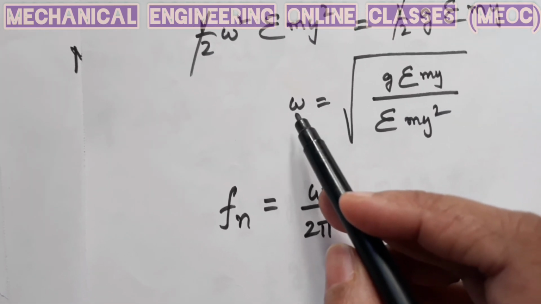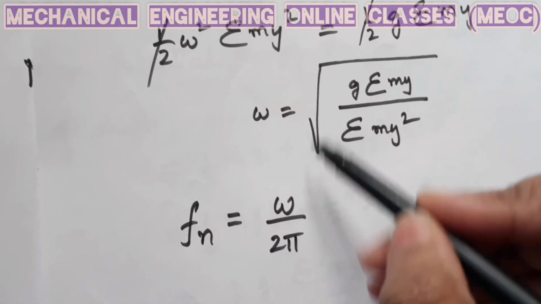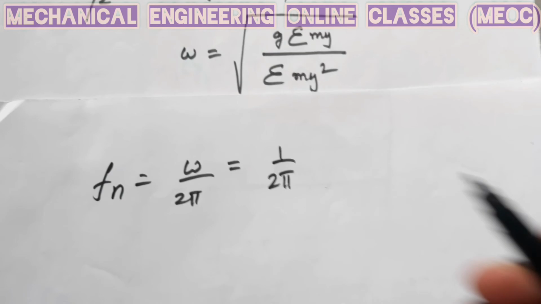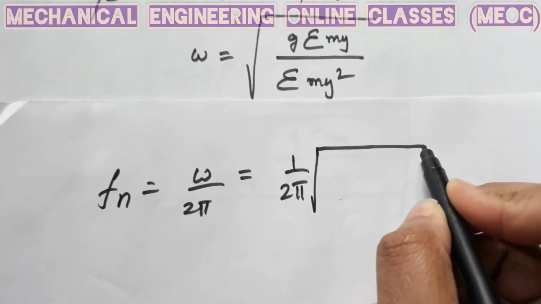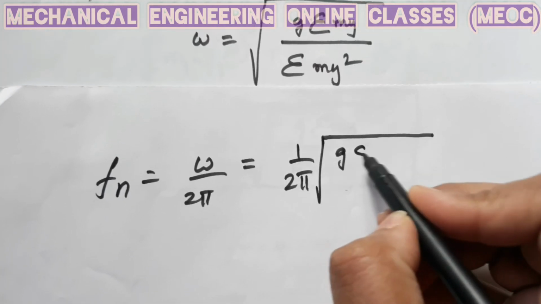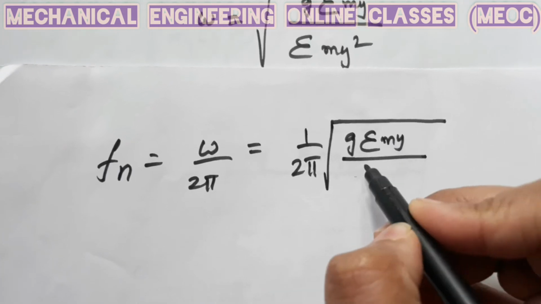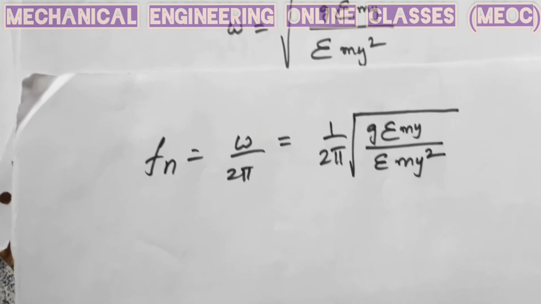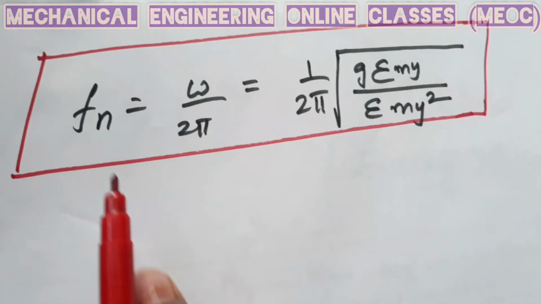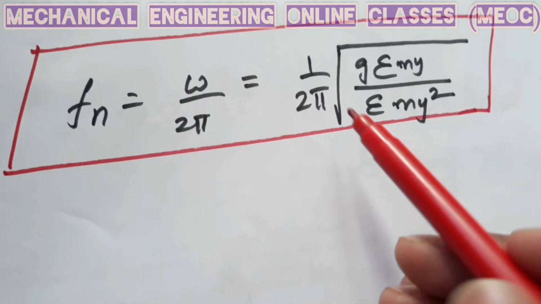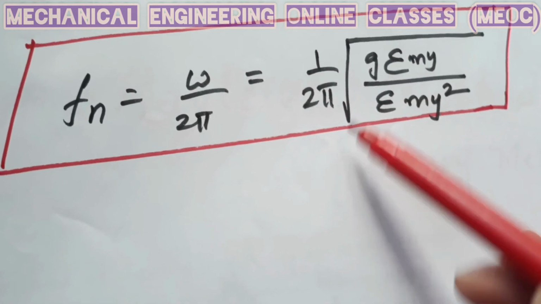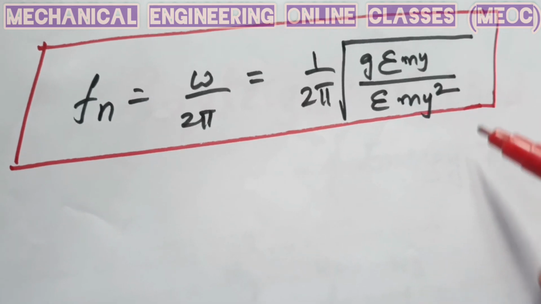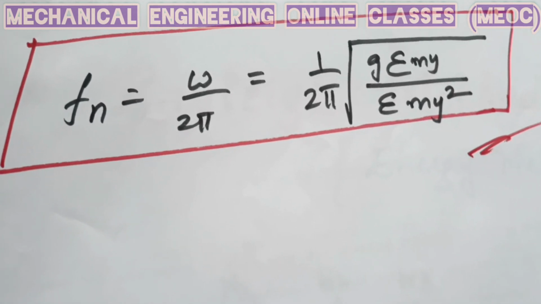Omega is given as root over g sigma my by sigma my square. So the natural frequency of transverse vibration is 1 by 2 pi into under root g sigma my by sigma my square. This is the expression.